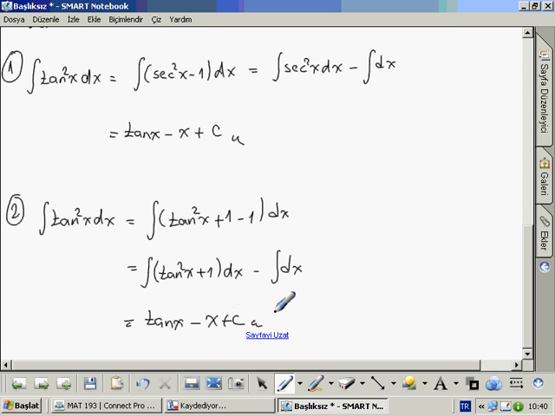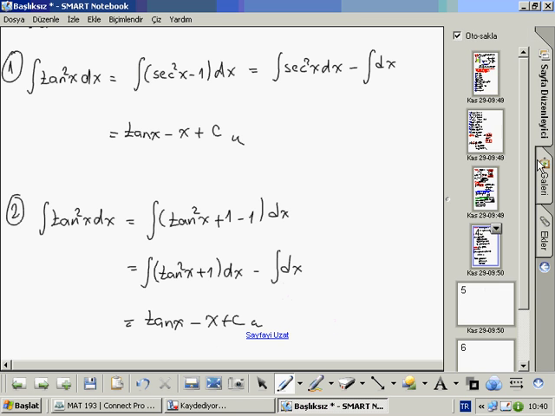This is the second method to evaluate the integral of tan square x dx. Okay, let me continue giving some examples.